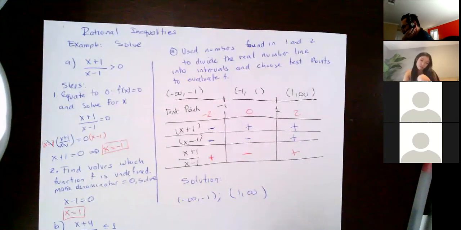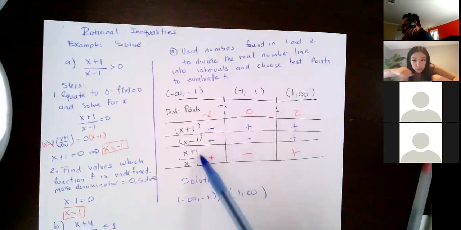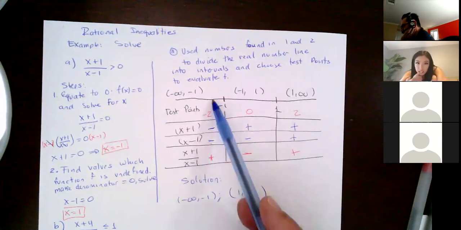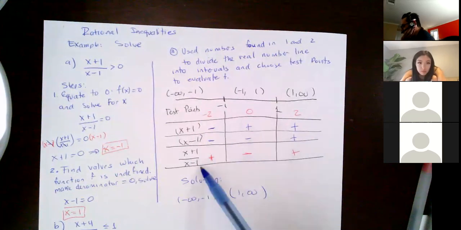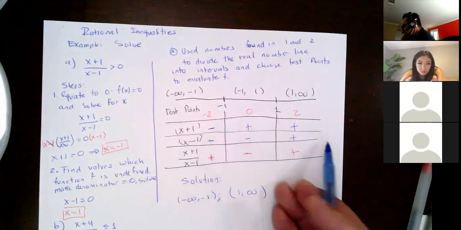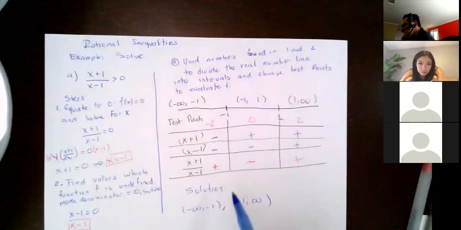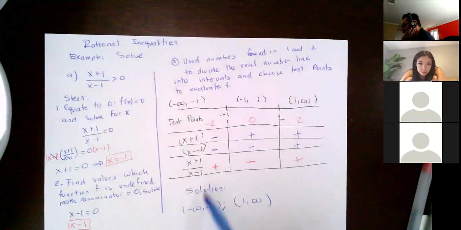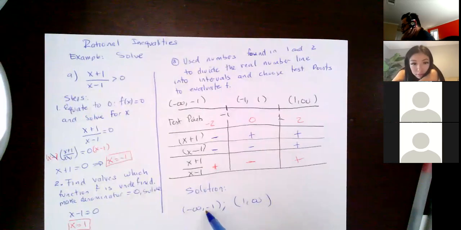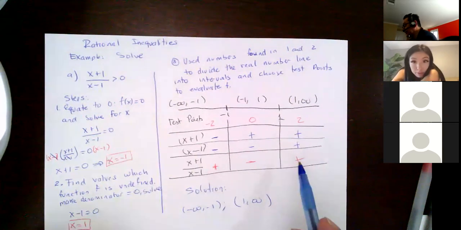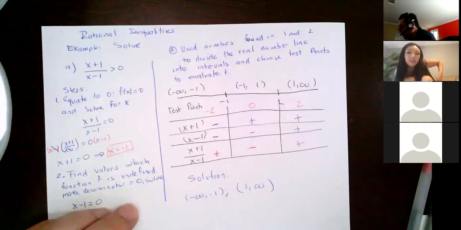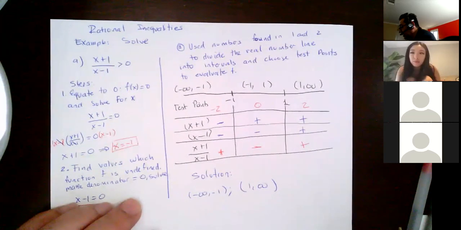Let me go back to here. The question was, do we have to write a union here? My MyLab is a little bit picky. I'm going to go back to my MyLab and think about how it is going to like the solution here. Those guys are weird sometimes.